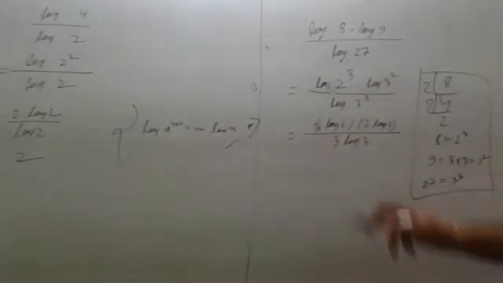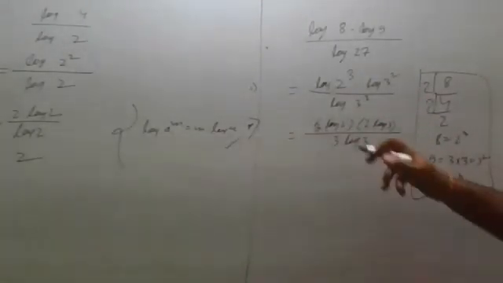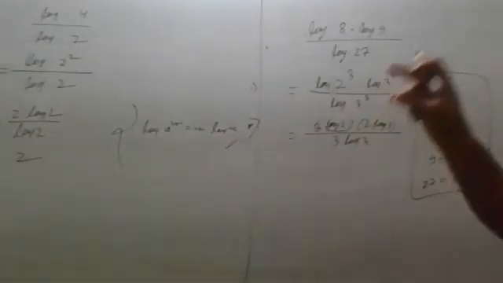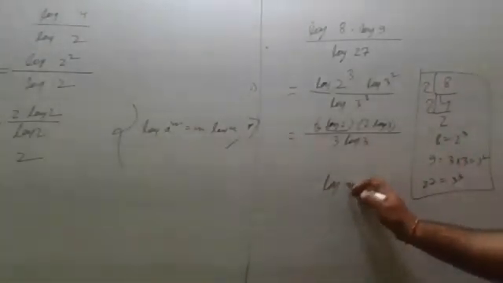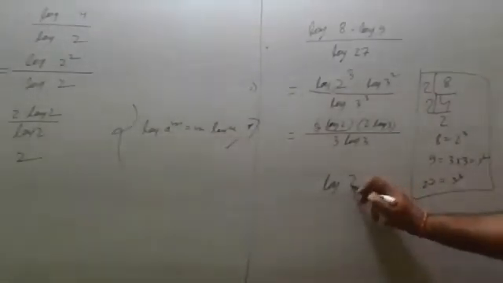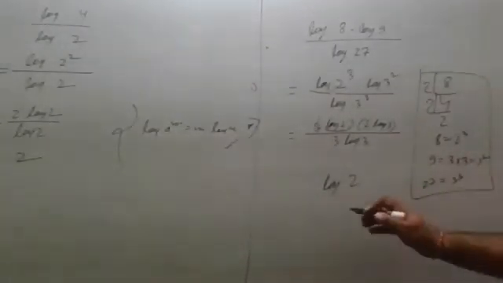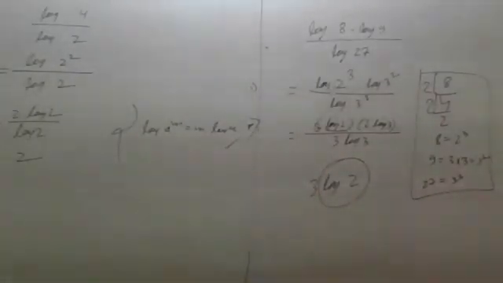They are different. This 2 is with log. Log 2 is a unique term, it cannot be separated. Log 2 doesn't mean that we are multiplying log with 2. It is log 2, a single term. Log 3 is also a single term. But 3 log 2 means we are multiplying 3 with log 2. Is that clear to everyone?